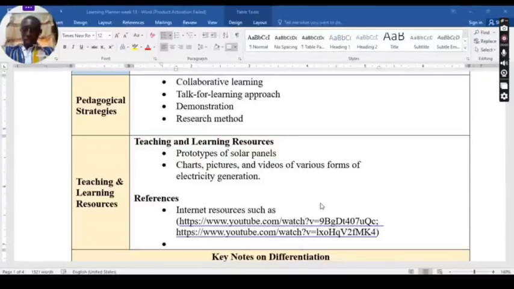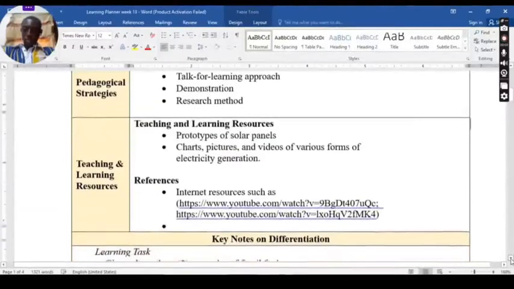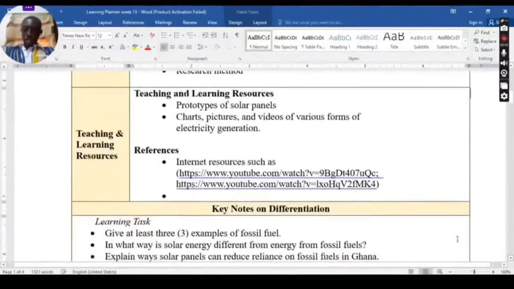Alright, so now let's look at teaching and learning resources, TLRs. It used to be TLNs, but now it has been improved, TLRs. Now look at the column here. It is subdivided into TLR, teaching and learning resources, and references. So teaching and learning resources are the physical materials you are going to use in the delivery of your lessons.